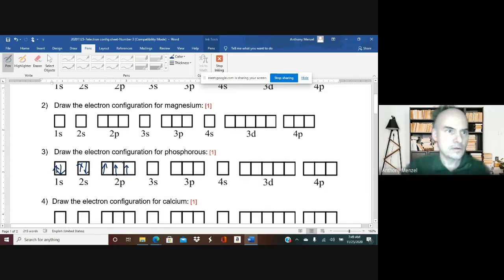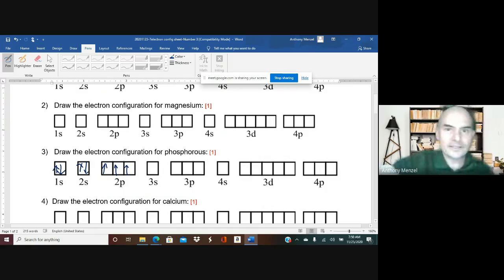Now, we still have, let's see, how many electrons do we have? 1, 2, 3, 4, 5, 6, 7. We still need 8 more electrons. So we will fill up all of the seats on this 2p subshell bus. We still will fill up all of the orbitals, the 2px, the 2py, the 2pz.